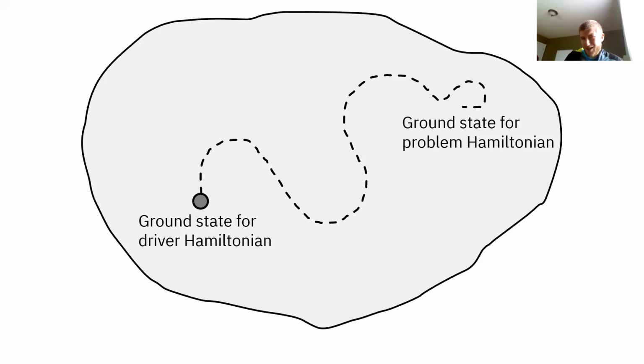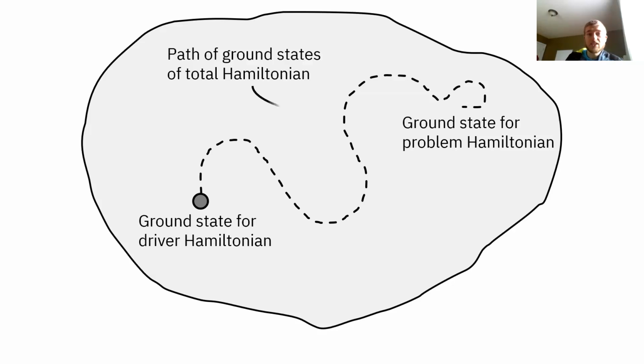In the standard paradigm for quantum annealing, at least the ones that I've seen, usually what people do is they look at something called the total Hamiltonian. So some kind of linear interpolation between our driver Hamiltonian and our problem Hamiltonian. The idea is that we can then go from one ground state to another of this instantaneous Hamiltonian.